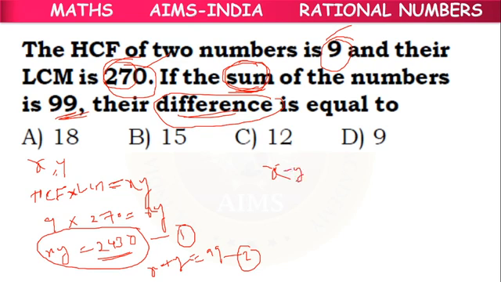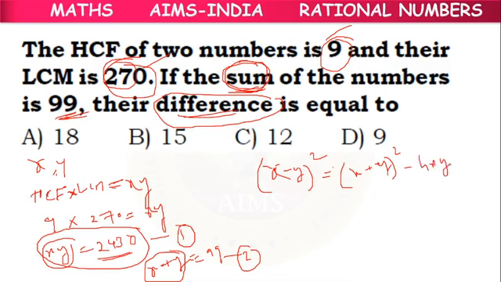If we know the sum and the product, then the formula for the difference is x minus y whole square equal to x plus y whole square minus 4xy.